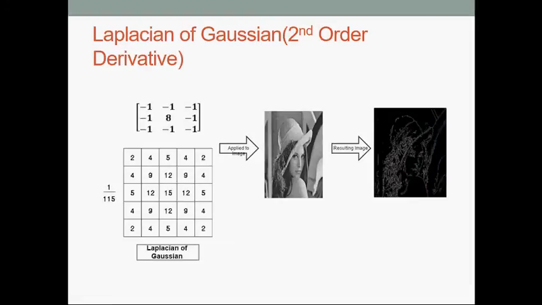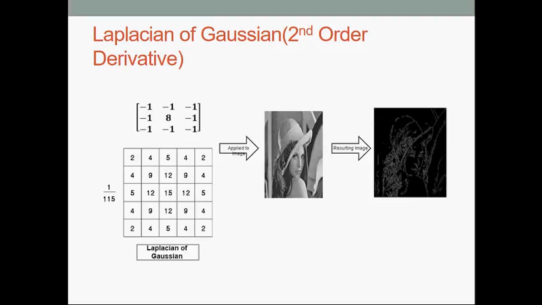Now, second order derivative contains the Laplacian of Gaussian. This is also based on the same technique as Canny, but this is a second order derivative. The previous techniques contain the first order derivative, and the Laplacian-based technique contains the second order derivative.